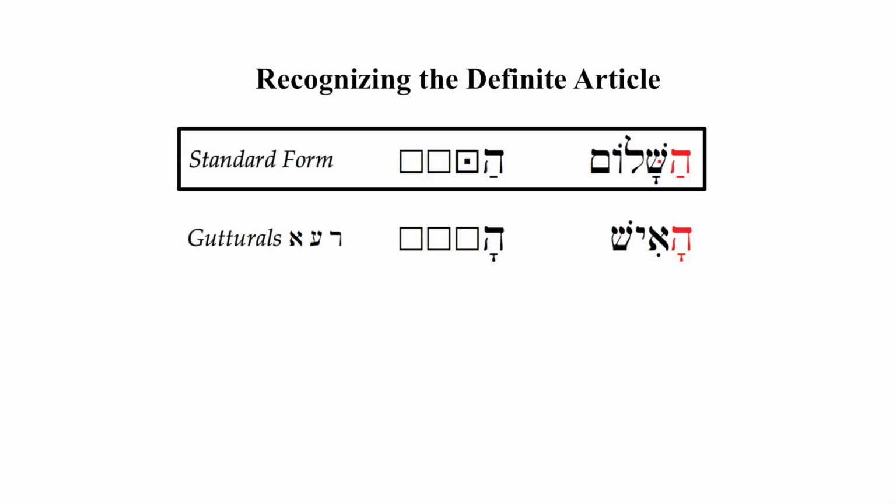You're going to have a long vowel instead of a short vowel so that the syllables stay the same, but you can somehow compensate for the lack of doubling. So if we have a word like ish, man, that starts with an aleph that can't double, I have to have a qamets under the he, ha-ish. You can memorize that if you want, but if you understand that closed, unaccented syllables take short vowels, you should be able to intuit that from the standard form.